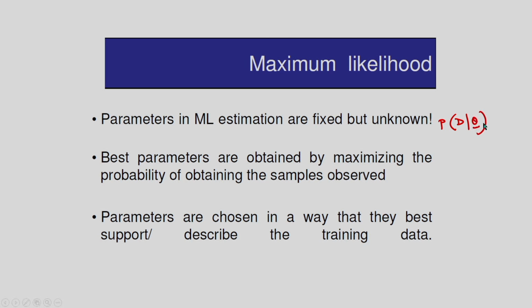I have to maximize this probability of D given theta, where theta is fixed. So it is a parameter estimation that maximizes a likelihood function. That means maximizing the probability of obtaining the given training set. Theta is the parameter vector.